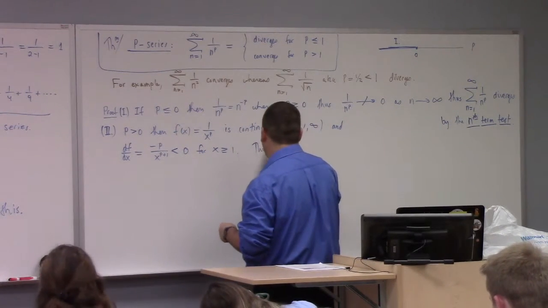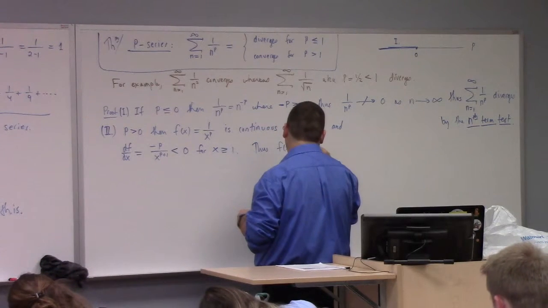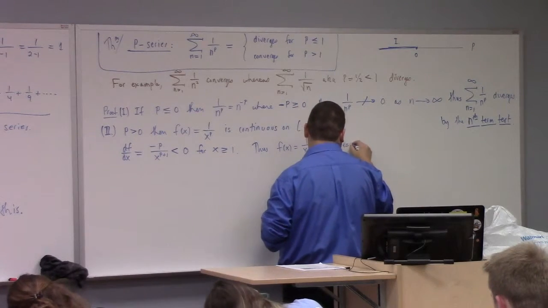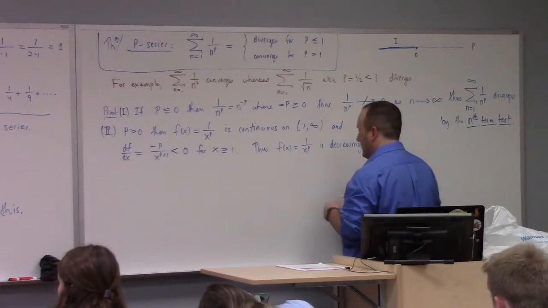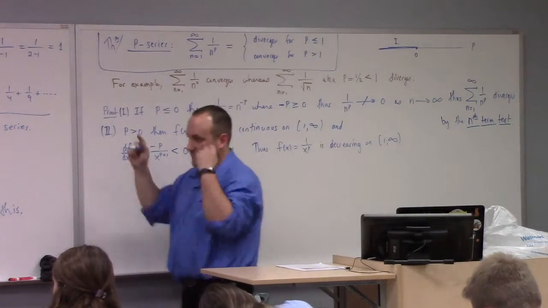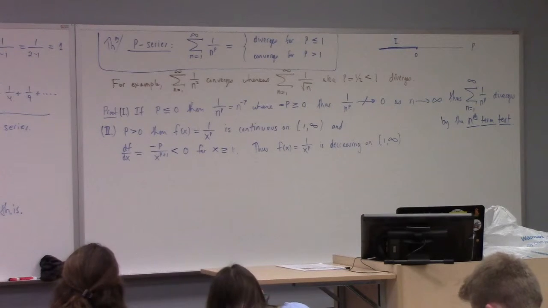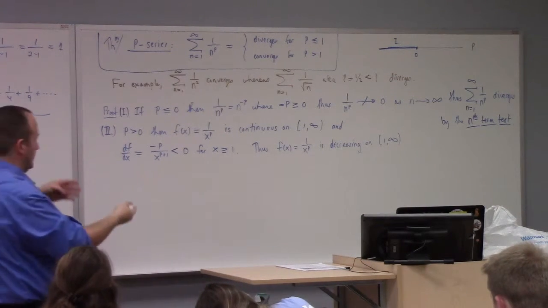Thus, f of x equals 1 over x to the p is decreasing. And what else do we know? I'm supposed to check it's continuous, non-negative, decreasing, limit 0. I said it's continuous.